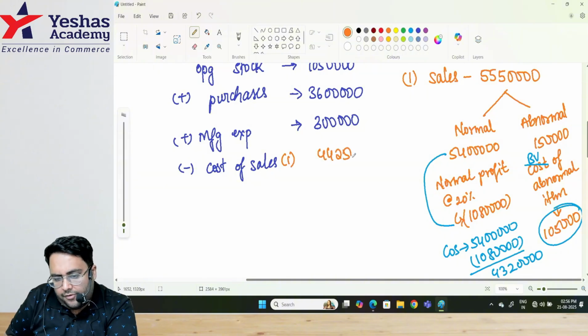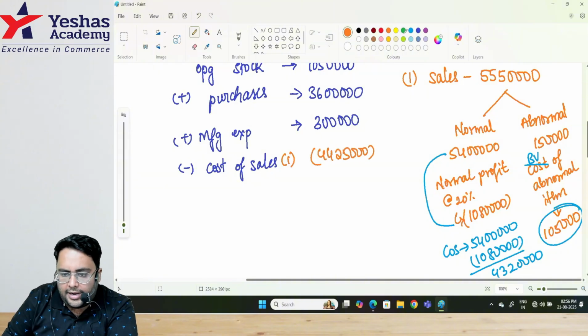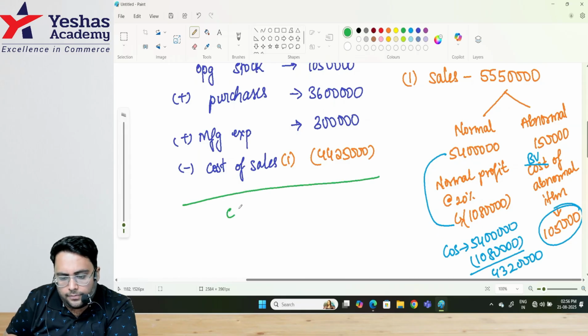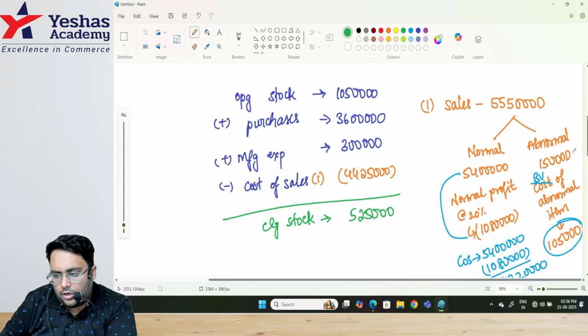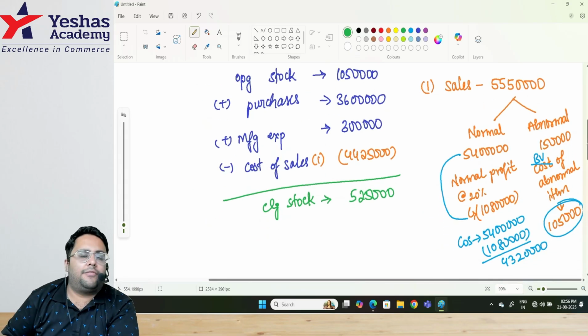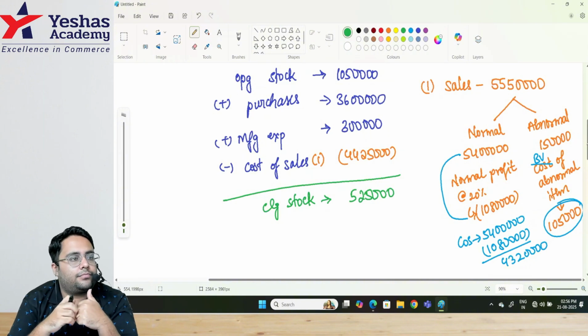You deduct this, you will get your closing stock. Check and tell me closing stock is how much? 5 lakh 25,000. How many of you got 5 lakh 25,000 correct? Good.